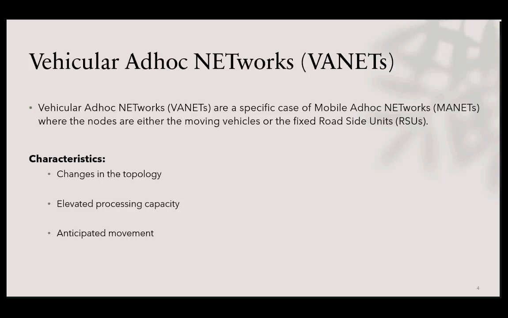Another characteristic is elevated processing capacity. Vehicles today are capable of providing powerful sensing, communication, and processing capacity to help road users to make adequate decisions. Vehicles can assemble, interpret and analyze data, and anticipate movements. Generally, the mobility of vehicles is defined by the routes and the highways.